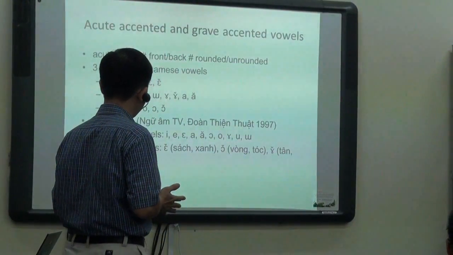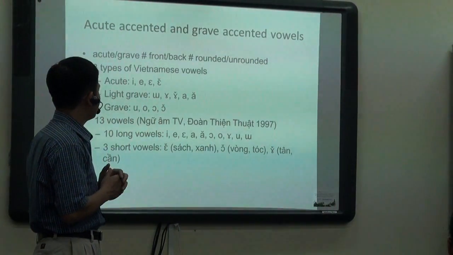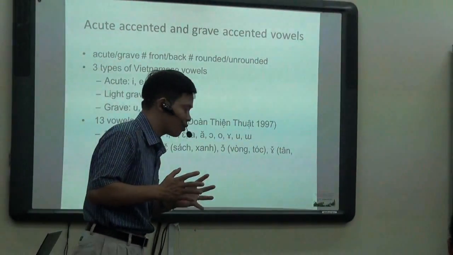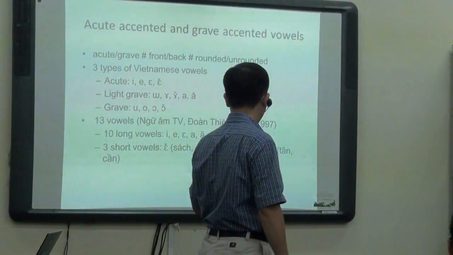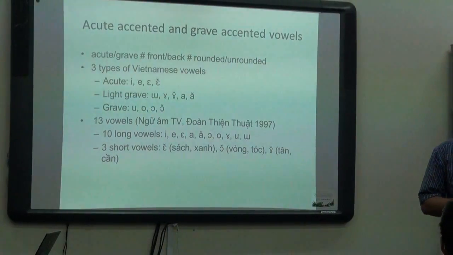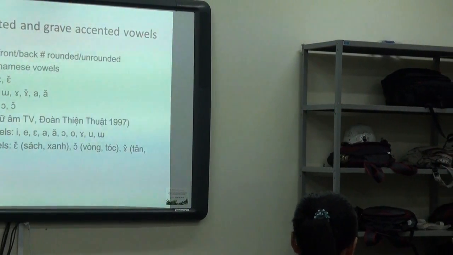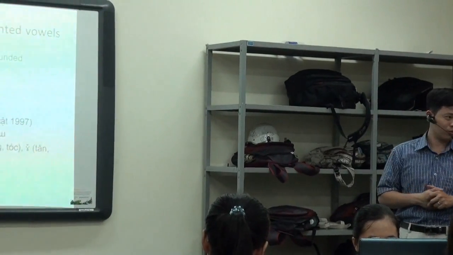We categorize them as light grave. And according to Professor Đoàn Thiện Thuật, there are 13 vowels in all in Vietnamese, including 10 long vowels and 3 short vowels.